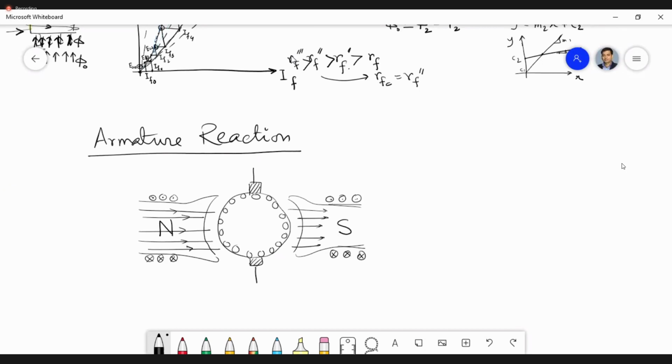And as we have a ferromagnetic material inside, it will pass straight like this. Am I right?